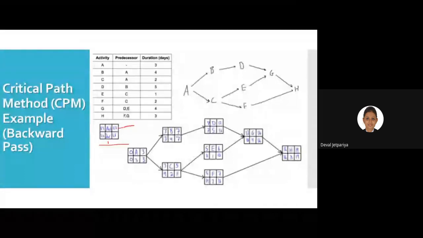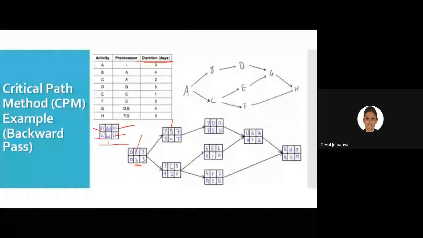Okay. This is the early finish, this is the latest finish, this is the latest start, and this one is the early start. So we'll have detail like activity name, so that we have written here A, this is B. After that here we had written the duration. So duration detail is already with us, right?